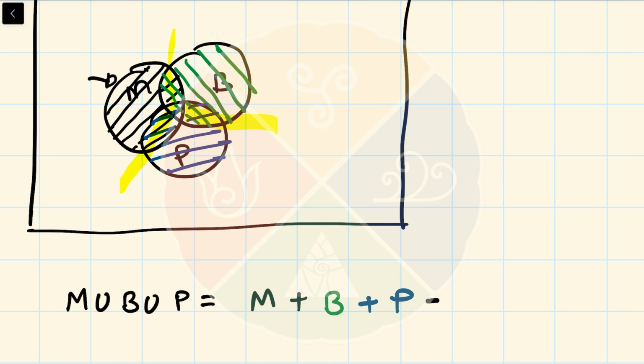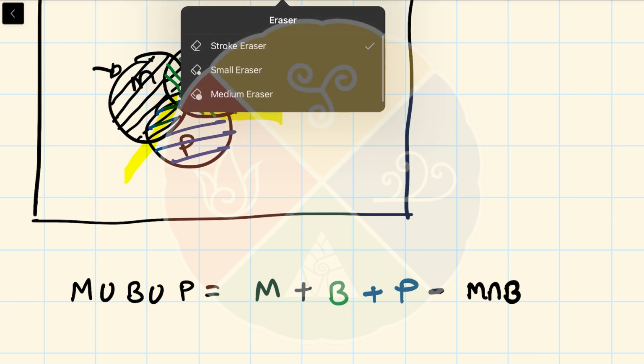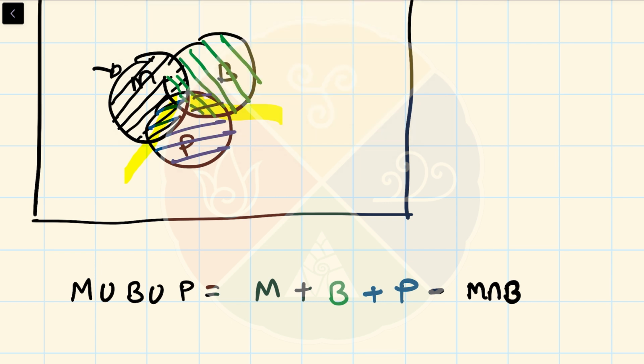To avoid that double counting, I have to subtract. First, I will subtract the people between maths and biology. Maths intersection biology, I will subtract once. Okay, my eraser is too small.